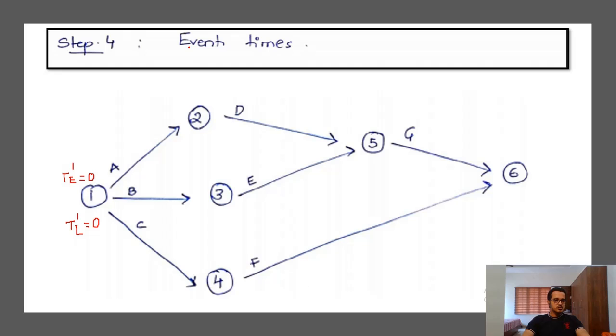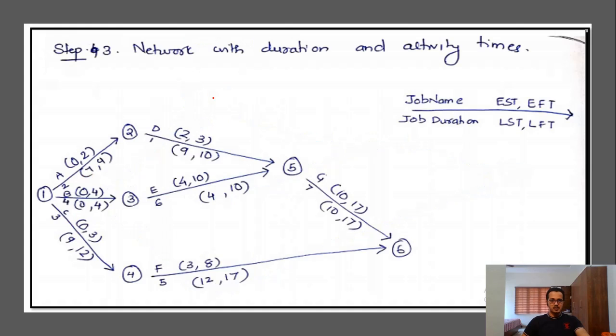Coming to the second event, we have TE2 and TL2. You can check the activity times: the second event's earliest time will be 2 and the latest time will be 9. You just compare it with the previous picture.